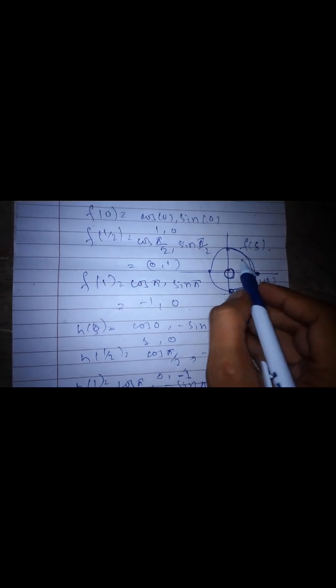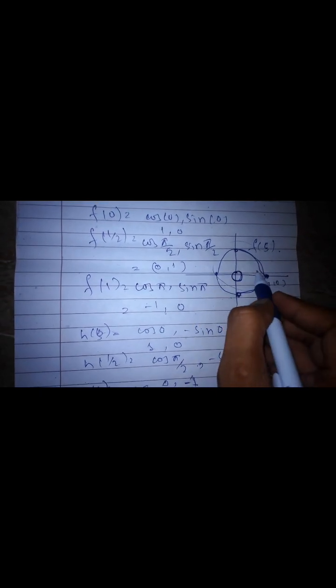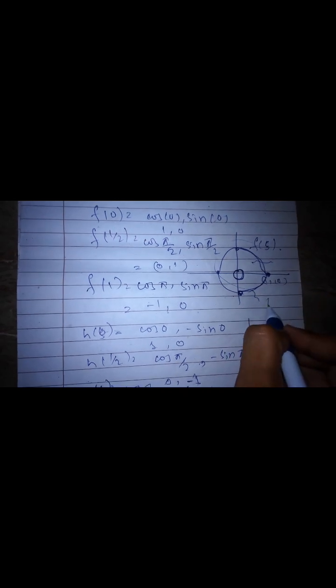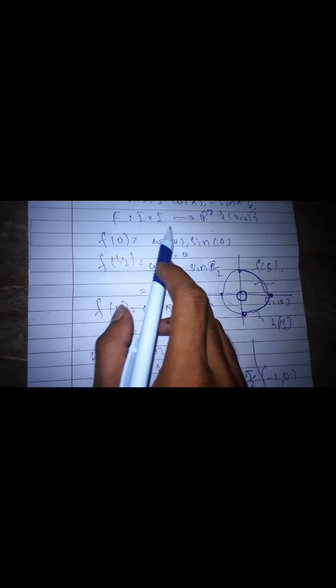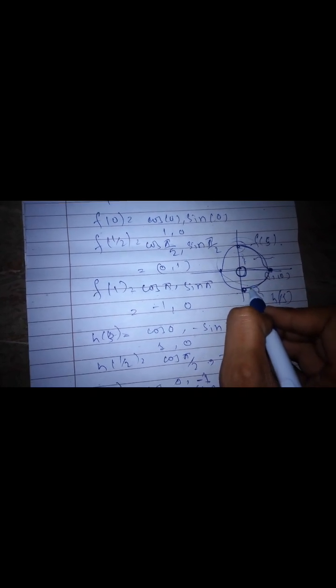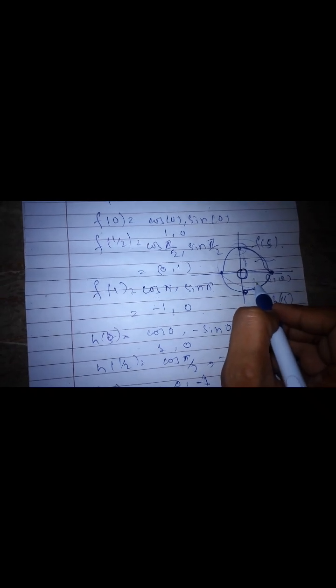So we can see here the two paths f of s and h of s, and we explained the path homotopy here. But we can see that this path cannot be continuously deformed into the other path, because if we reach here, we cannot cross the hole.